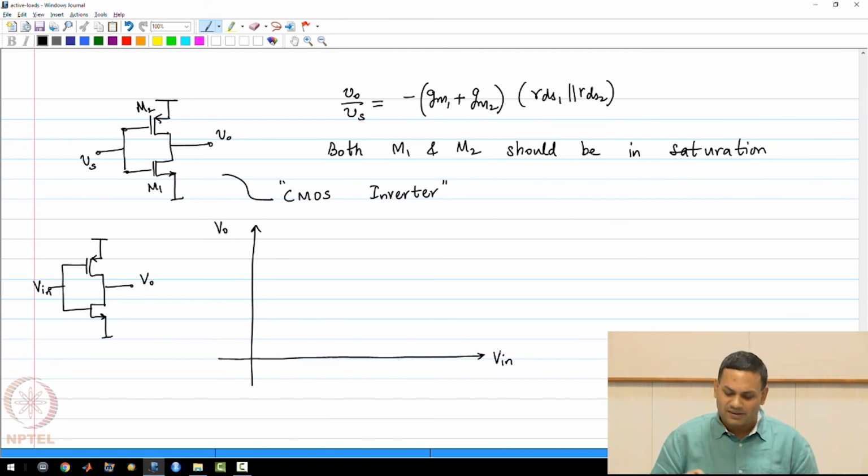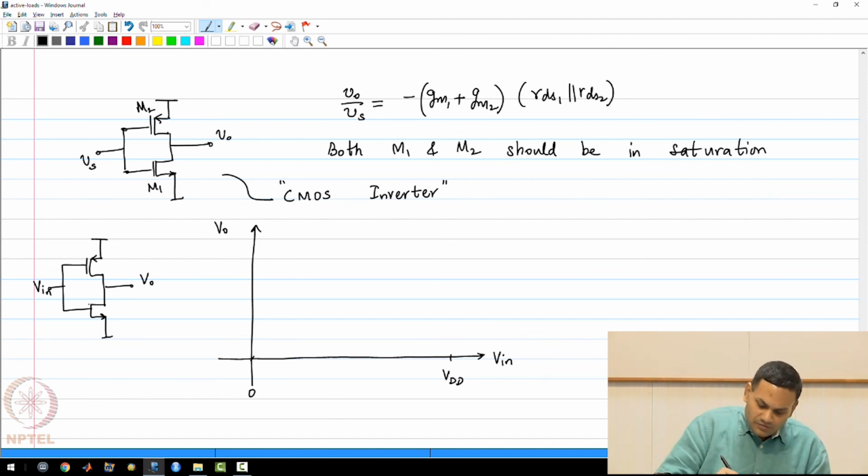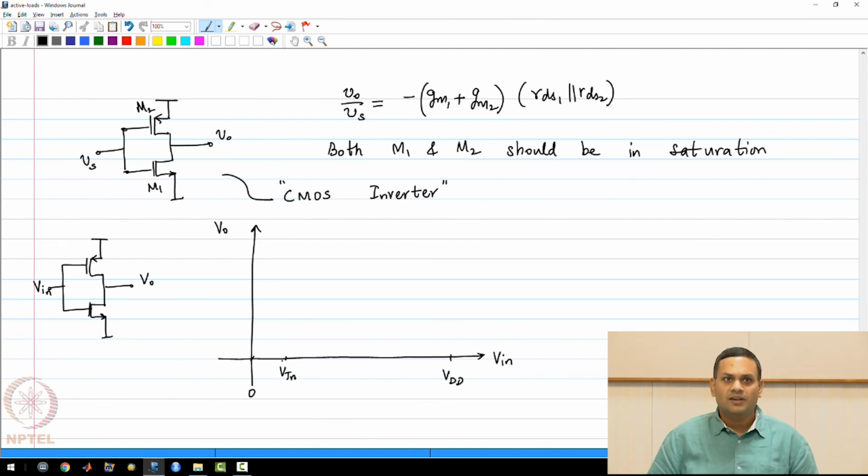Vin is normally varied between 0 and VDD. If you quickly look at the circuit, when Vin is very small, below the threshold voltage of the NMOS transistor, the NMOS transistor is completely cut off and it cannot conduct any current, and therefore the PMOS transistor also has to be non-conductive. However, the source-gate voltage for the PMOS transistor is very large.